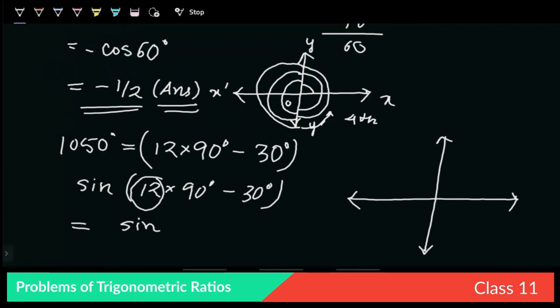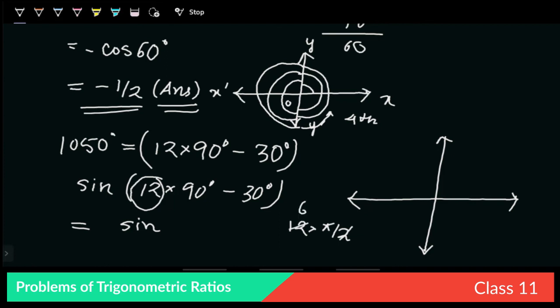Now I will choose the quadrant, that means in which quadrant this angle will fall. Now see this, this 12 into 90 degree I can write as 12 into pi by 2. So these 2 and 12 are cancelled, it is 6 pi.